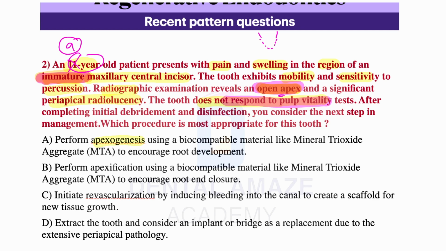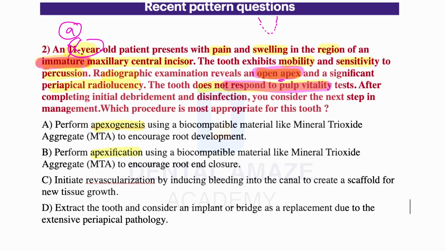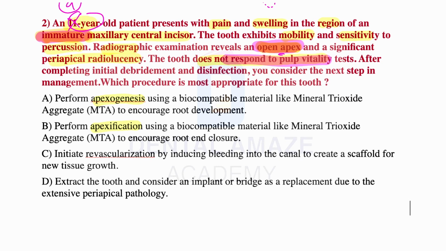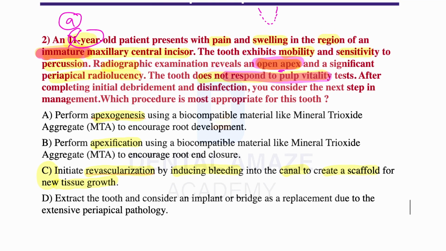No, it's non-vital, you can't. Apexification could be done, as I've told you, but why create simply a calcific barrier when you can cause revascularization by inducing bleeding into the canal, creating a scaffold for new tissue growth? Extract the tooth? No, never. So the answer is C.